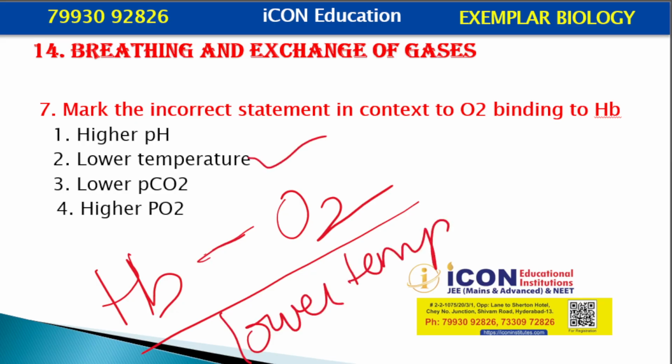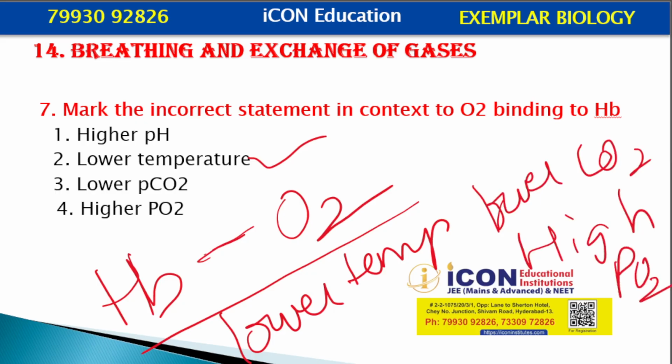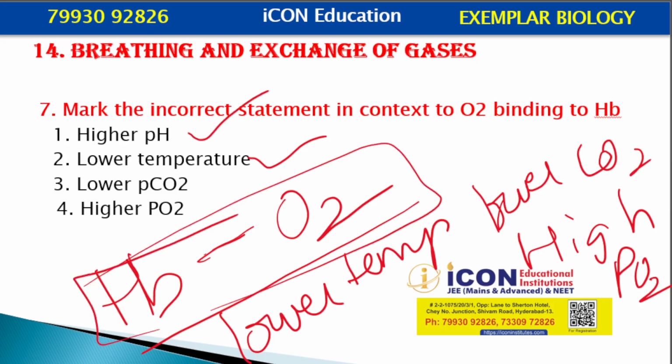Lower carbon dioxide, yes, that is also one of the reasons. Higher oxygen is the default issue here, higher oxygen. Then higher pH also influences binding of oxygen with hemoglobin, giving more oxygen binding. All four factors seem to be correct, so all are answers we can say.